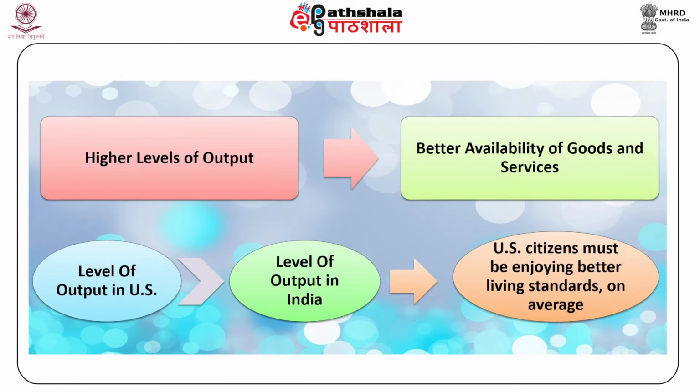In other words, a higher level of output directly translates into better availability of goods and services. Thus, if the US has a higher level of output relative to India, then that would imply that the US citizen must be enjoying better living standards on average.